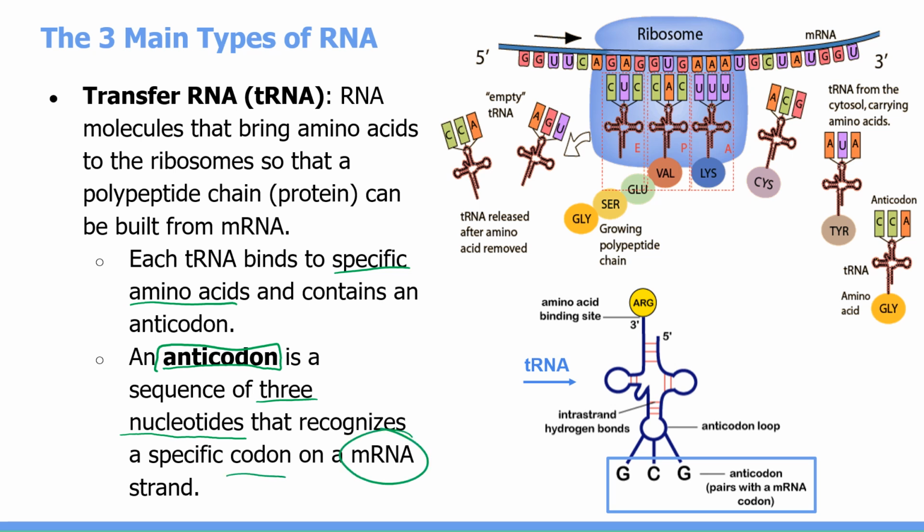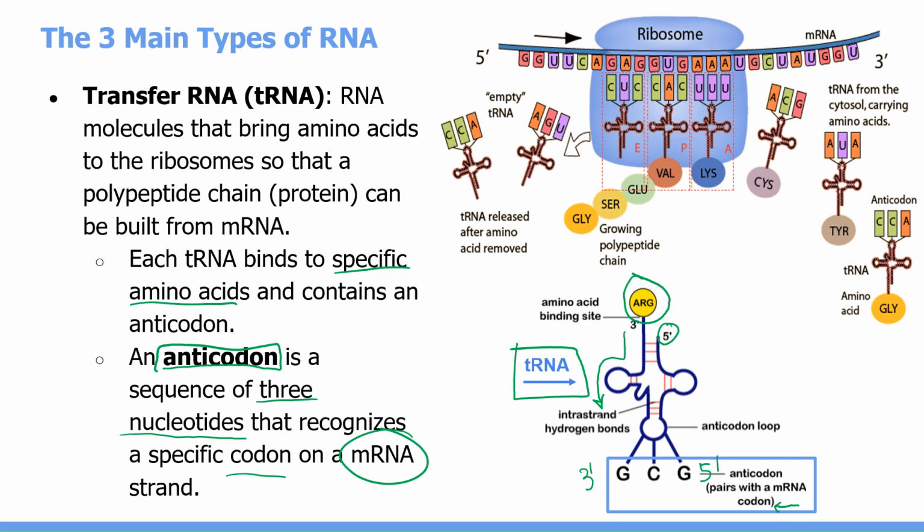So let's take a look at the structure of tRNA. We have the amino acid located here. The RNA runs from 3' to 5' in this image. So we know that the anticodon is 3' to 5'. The anticodon then goes to the codon and complements it.